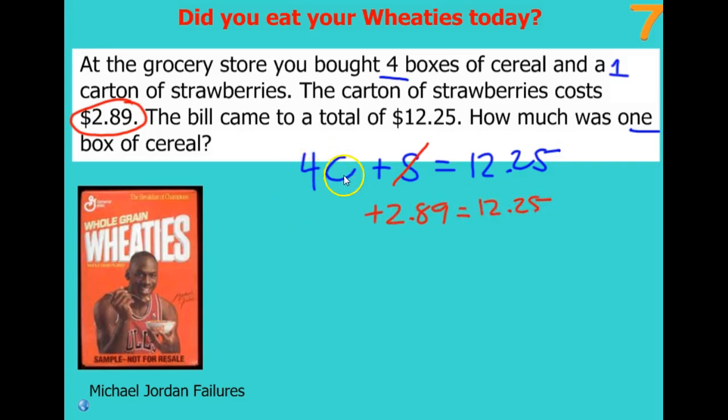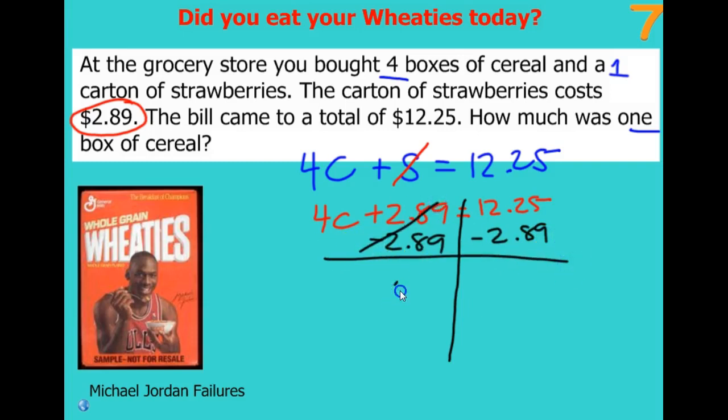So I want to do 4 boxes of cereal. I put them next to each other because it's going to be multiplied. We have not just 1, we have 4 boxes of cereal. So if we go to solve this, first get rid of your addition or subtraction. So subtract 2.89. We have 4c. And I'm just going to use my calculator. 12.25 minus 2.89 gives me 9.36.